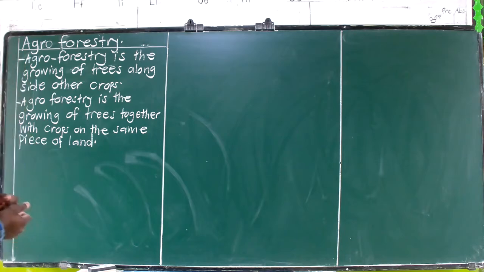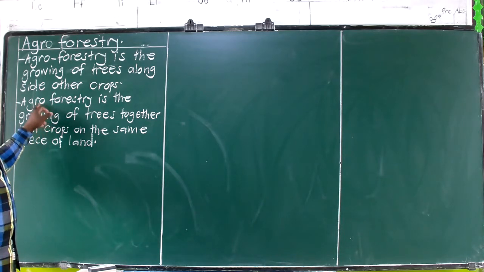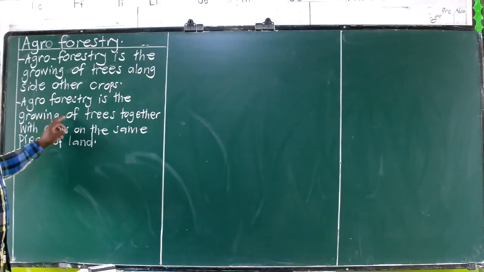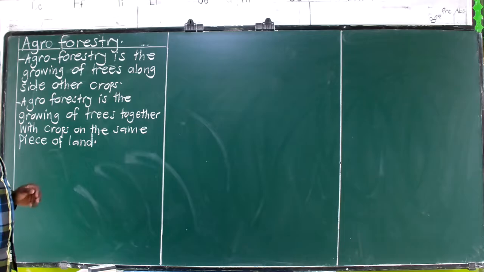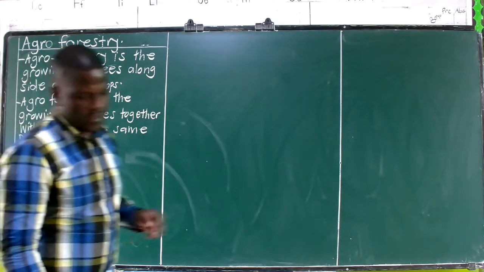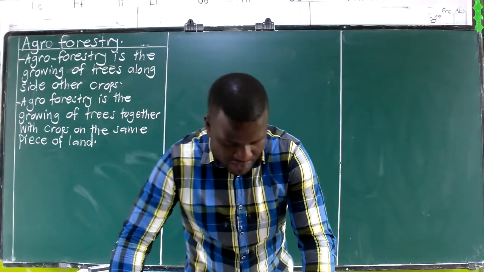Agroforestry is the growing of trees alongside other crops. You can also say agroforestry is the growing of trees together with crops on the same piece of land.